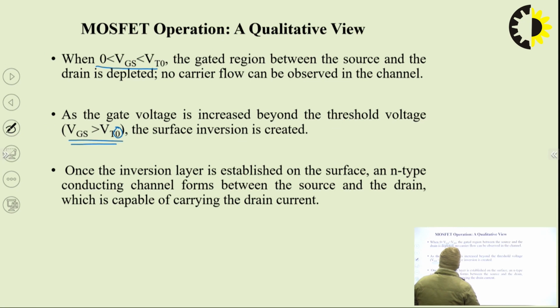So, when VGS is greater than VT naught, meaning the gate to source voltage is greater than the threshold voltage, a channel is created.